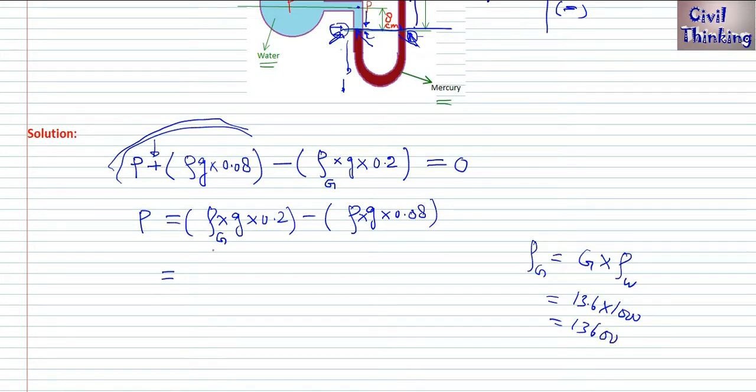We'll get here density of mercury 13600 multiplied by g, which is 9.81 meter per second square, multiplied by 0.2, minus, now this rho is density of water, which is 1000 multiplied by 9.81 multiplied by 0.08.